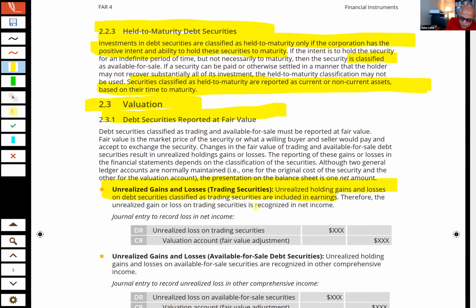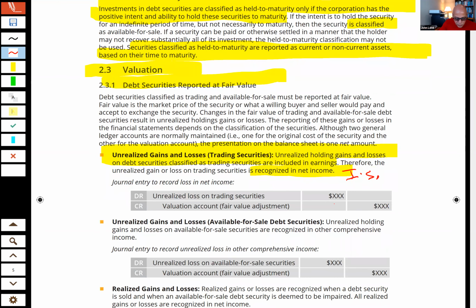In other words, they are recognized on the income statement. If you have a gain, for example, you would debit the security and credit the gain. If you have a loss, debit the loss, reported on the income statement. The gain would be reported on the income statement as well. And you could either credit the valuation account or credit the security directly to bring it down.